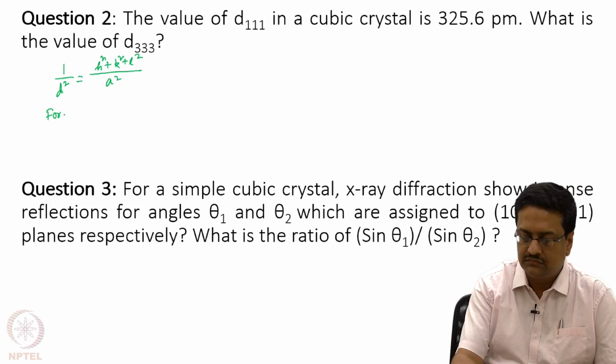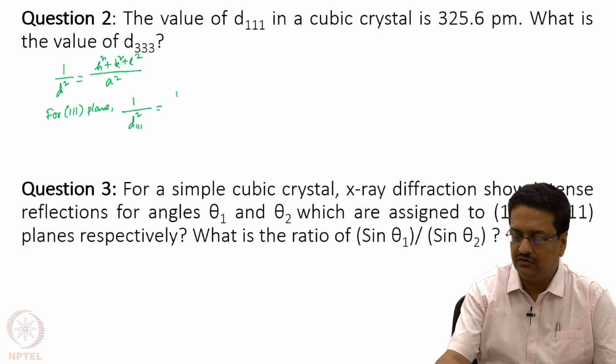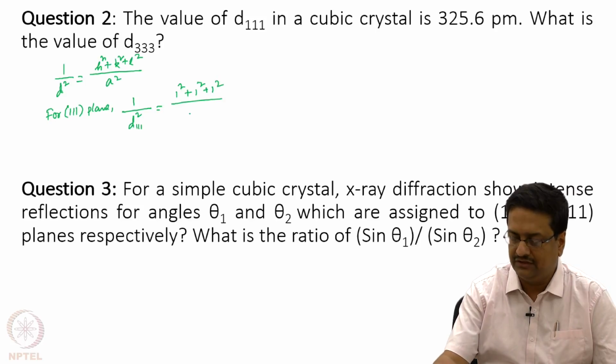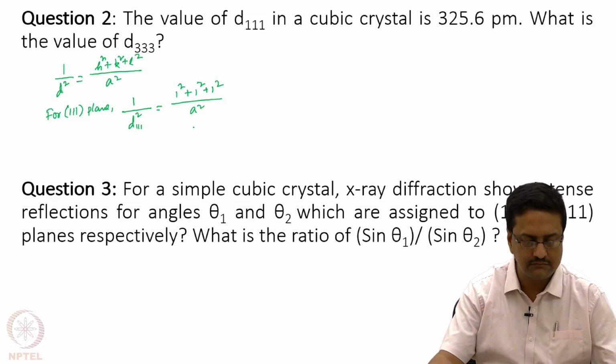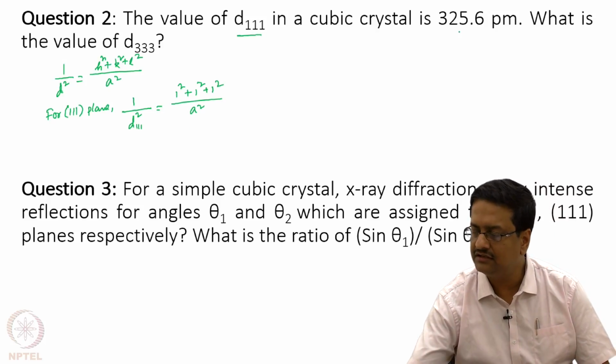For the 111 plane, we write 1 by d111 square is equal to 1 square plus 1 square plus 1 square by a square, and this d111 is given.